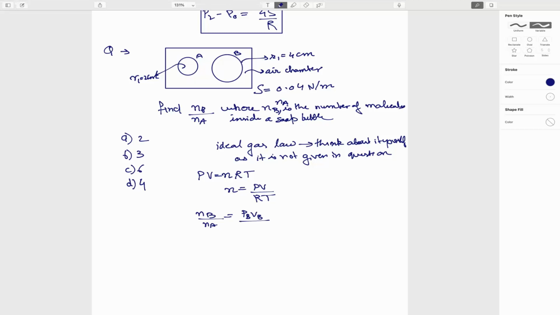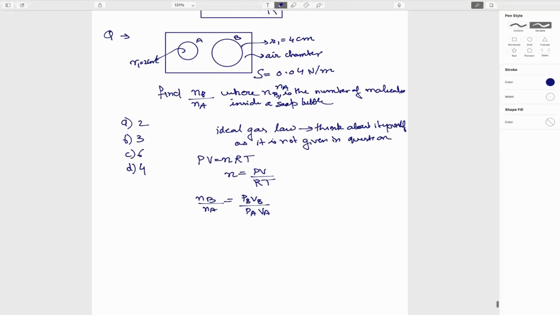So the ratio is P_B V_B divided by P_A V_A, and P_B and P_A are the pressure inside the soap bubble.